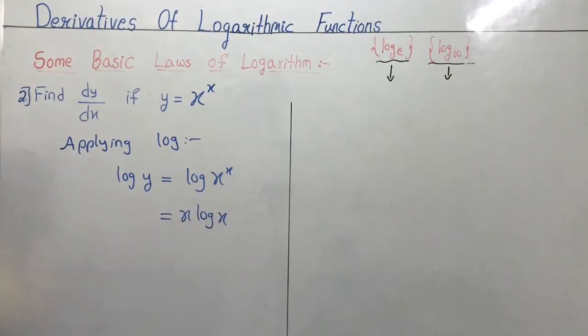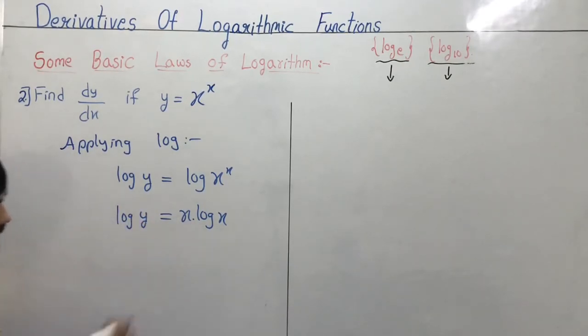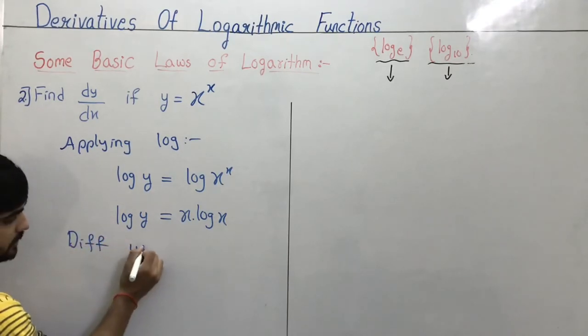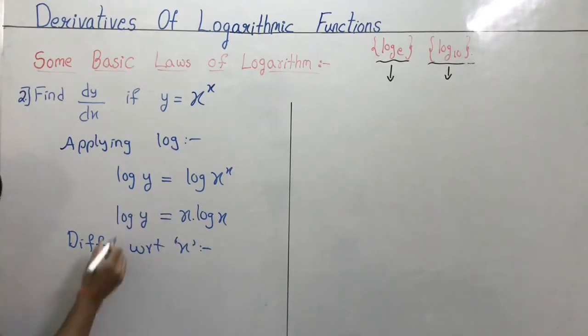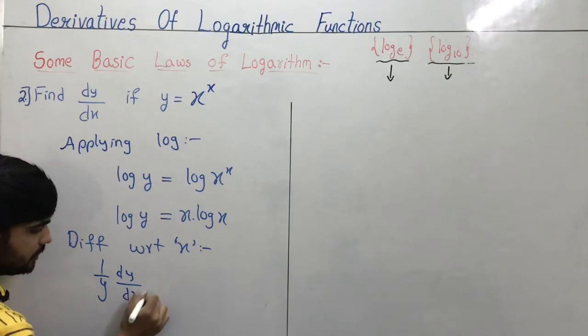Now both the functions are separated by log, and here log y as it is. Now we can differentiate both the sides with respect to x. So this is 1 upon y dy by dx.